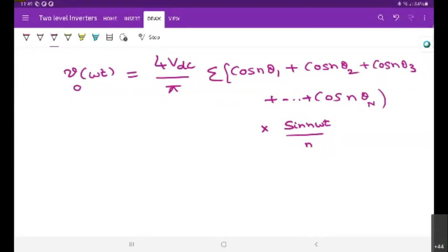So here, if you consider per unit, we can assume that VDC is equal to 1 per unit.